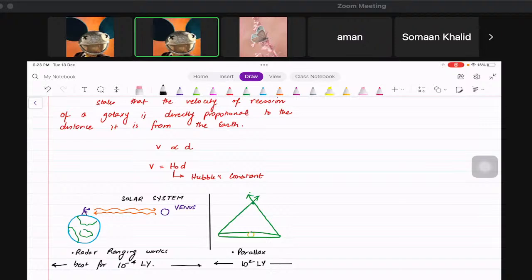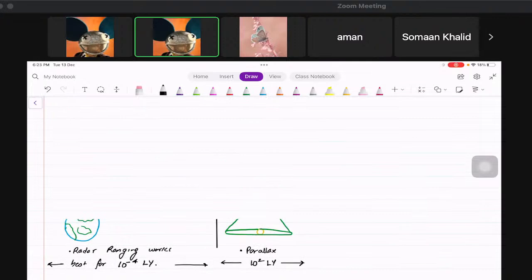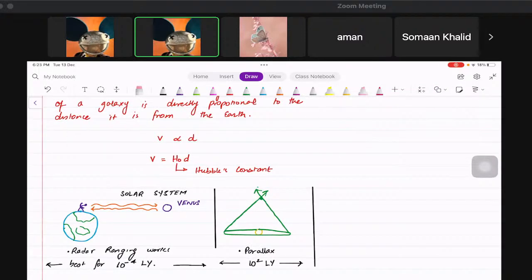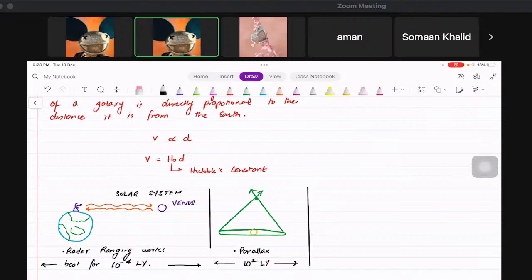Okay. Beyond this, if you go further from Earth, a couple of things I just want to tell you. So for the Milky Way, we use the main sequence.